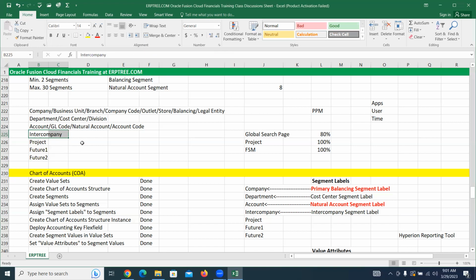To manage such kind of transactions, you can have a segment called the intercompany segment. That's it. We didn't do anything with all this. We discussed this is what we can have as segments in the chart of accounts. By using these segments, you can record the transactions as a description of the transaction.